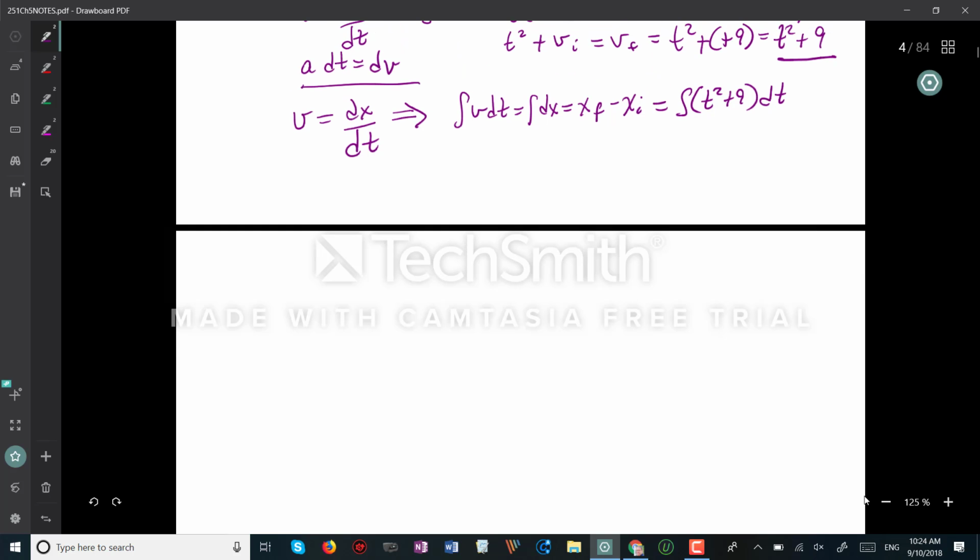So x final minus x initial is going to be what? t cubed over 3 plus 9t, between 0 and t.